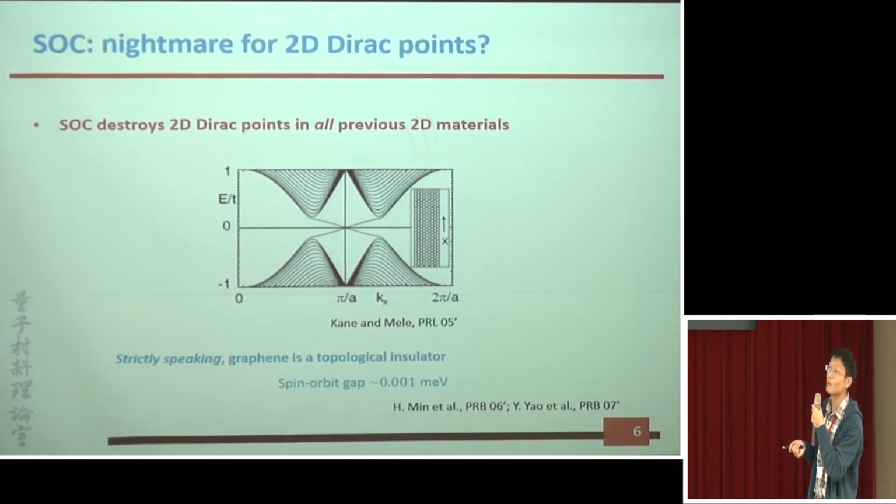In principle, strictly speaking, this is a 2D topological insulator, although this gap is extremely small, like 10 to the power minus 3 meV. Concerning the physical properties, you can consider it gapless, but strictly speaking, it's an insulator.